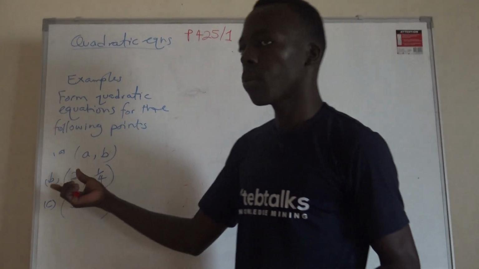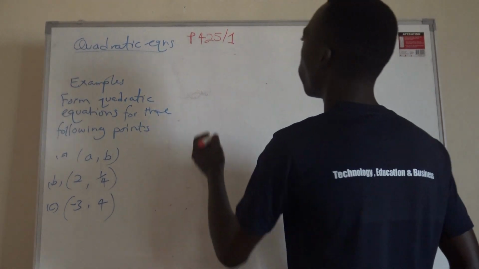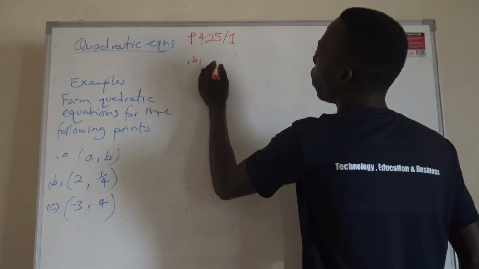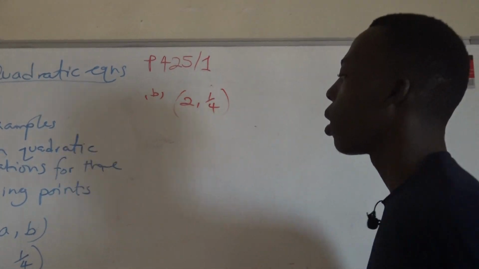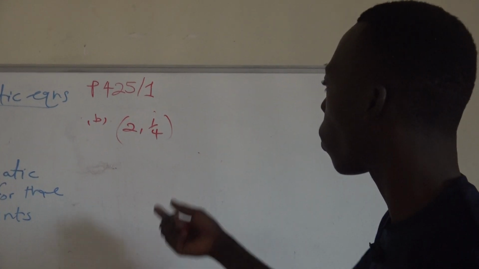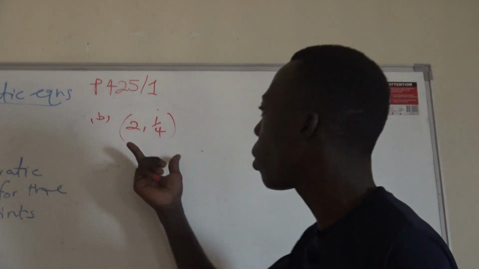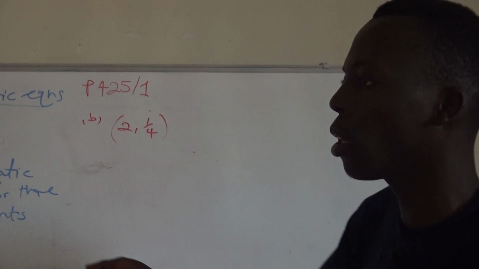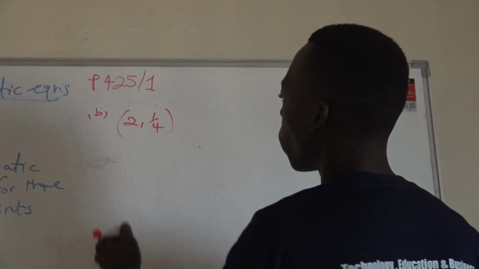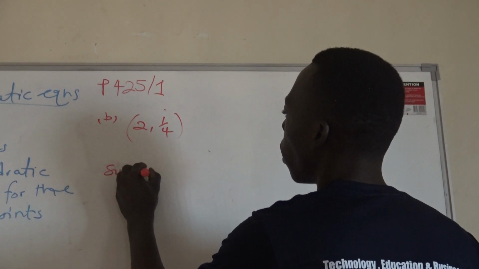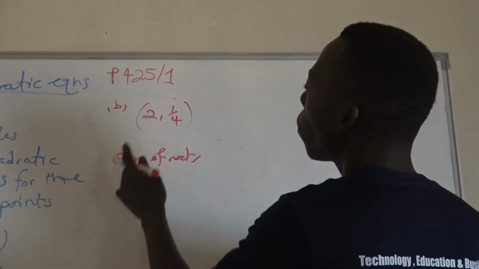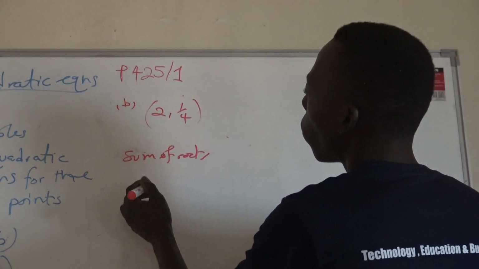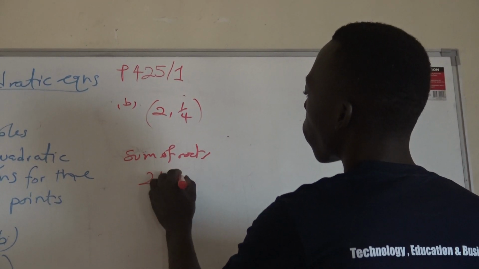Now to continue with other examples. They have given us example B, which is 2, 1/4. They have given us a point in the form of x and y. So we do it the way we did the other one. We get the sum of roots. The sum of roots will be x plus y, which is 2 plus 1/4.